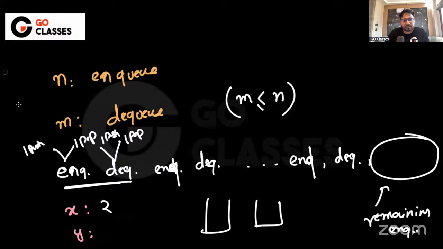So how many pushes will there be? For every NQ there is a push. Okay, let me just go to the next page. I want to say this is one NQ, this is DQ, NQ, DQ, right?